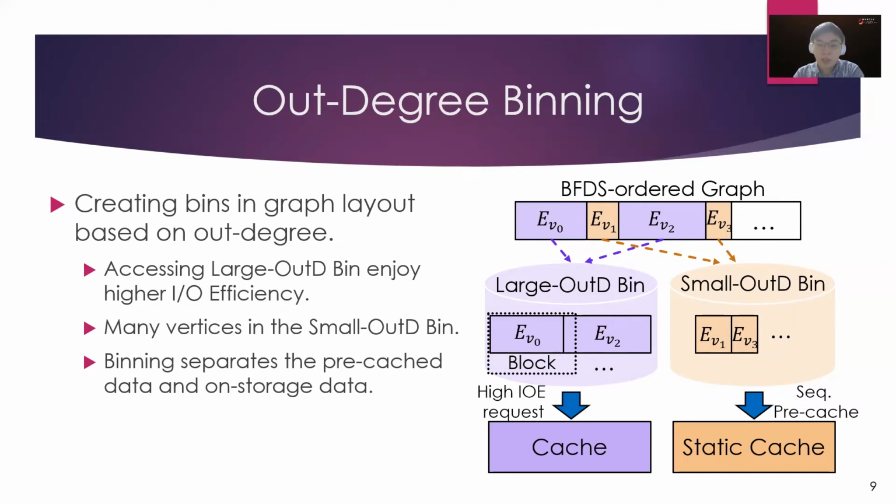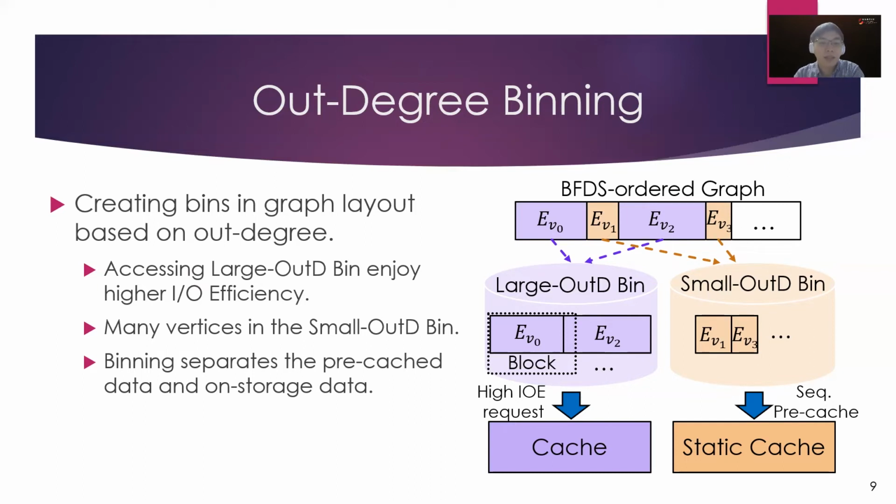So the out-degree bin has three advantages. The first one is that accessing the large out-degree bin enjoys higher IO efficiency, as there's no small vertex inside the bin. The second one is that given the fact that a BFS-like algorithm can activate each vertex the same amount of times, pre-caching more vertices inside the static cache can help to prevent issuing more IO requests.